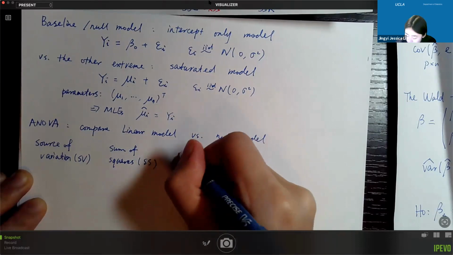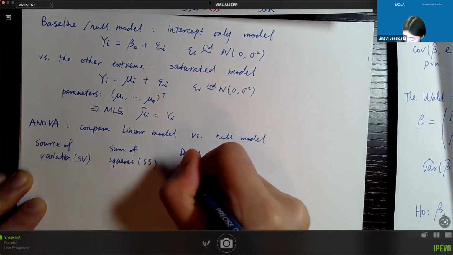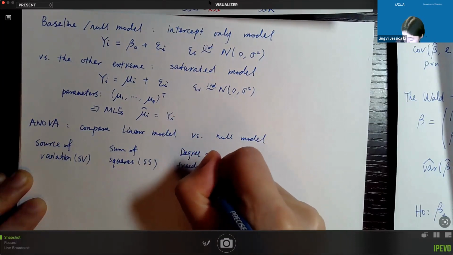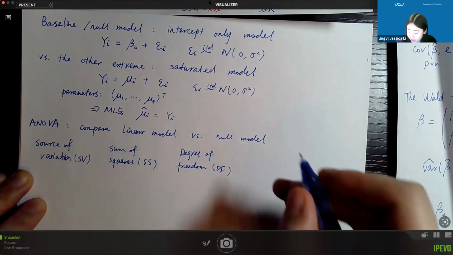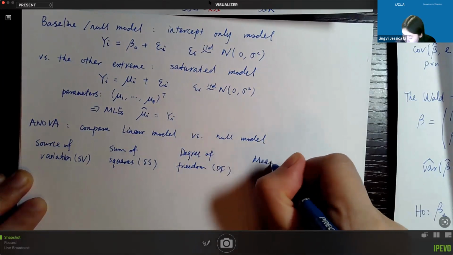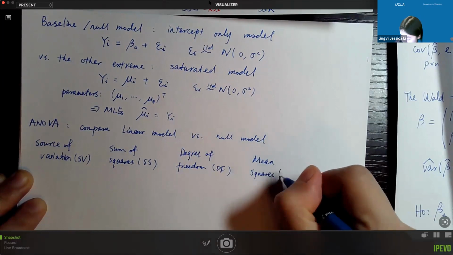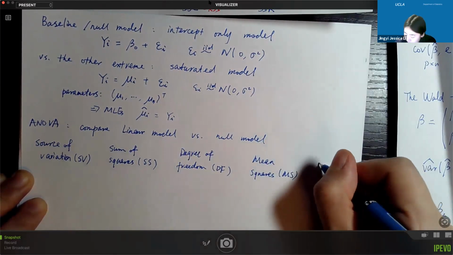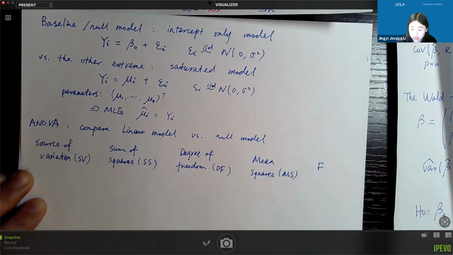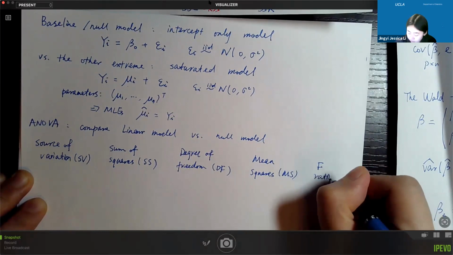The next one is degrees of freedom, which we write as DF. The next one is mean squares, which is basically SS divided by DF. And finally there is the F statistic, which is a ratio, the F ratio.